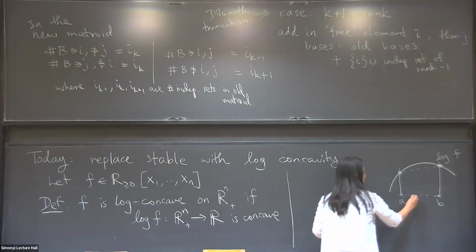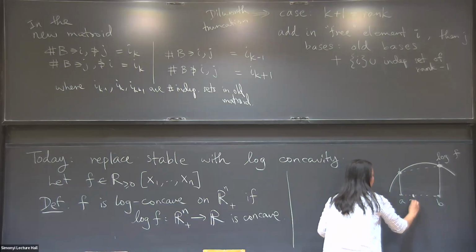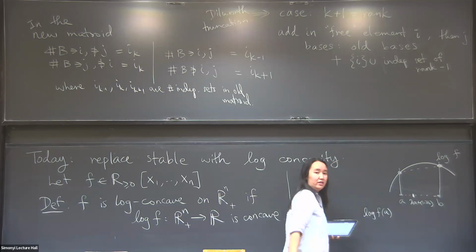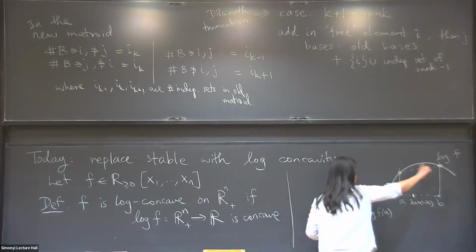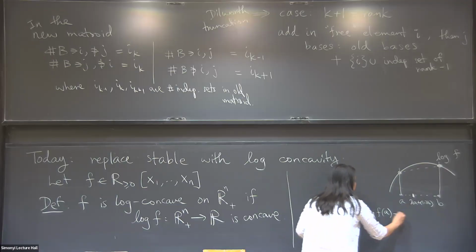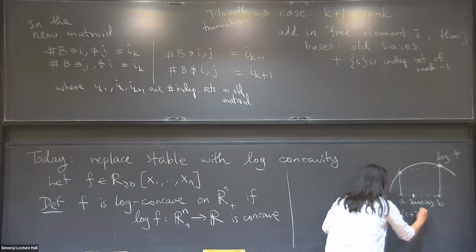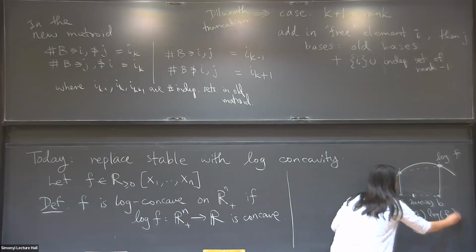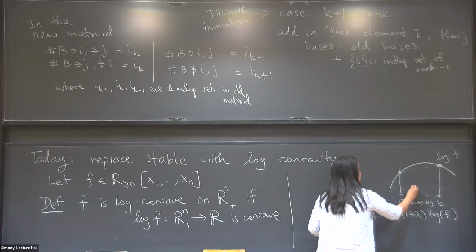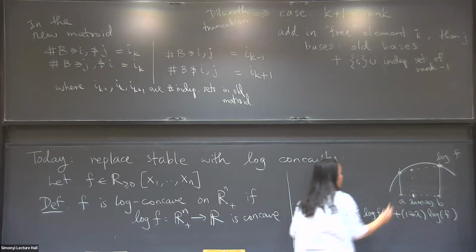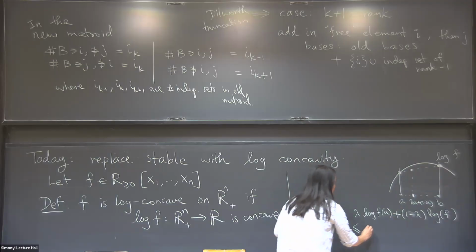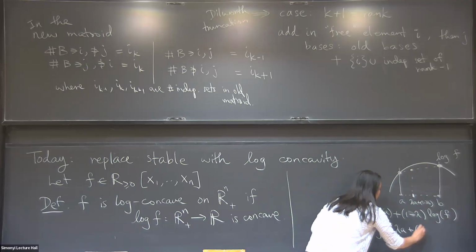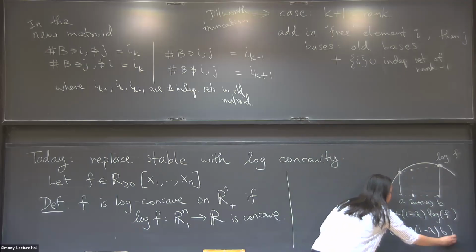So if I take a point in the convex combination, lambda A plus (1 minus lambda) B, some point along the line, then the convex combination of my values has to be less than or equal to log f of (lambda A plus (1 minus lambda) B).